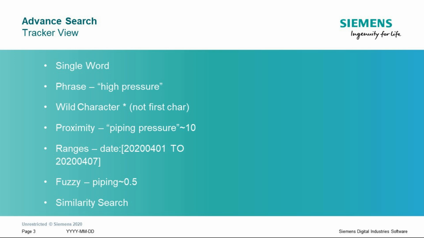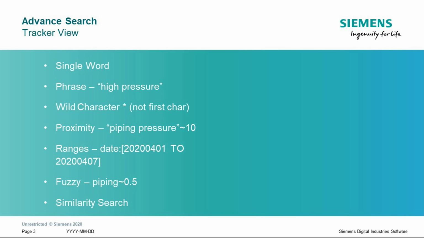So I can actually see phrases. This could be like, piping should have pressure no more than 10. It would find that, because I'm asking it to look at piping, look at pressure, and give me a 10 word spread here.